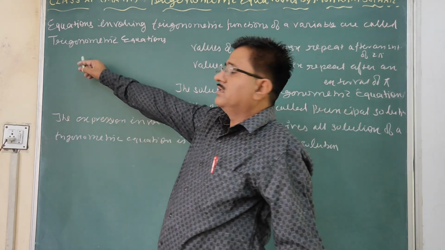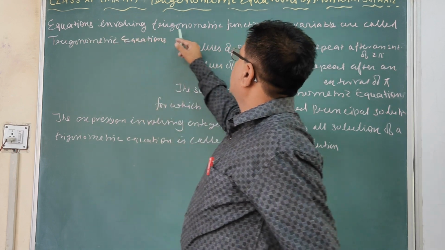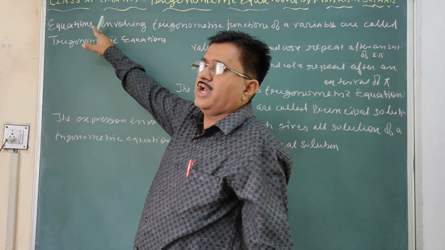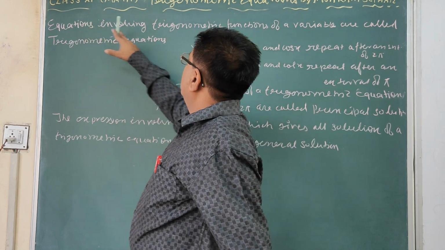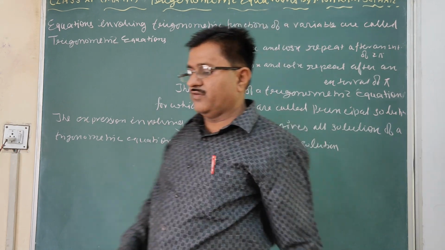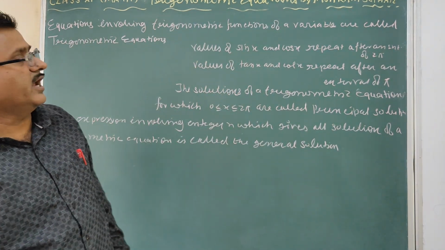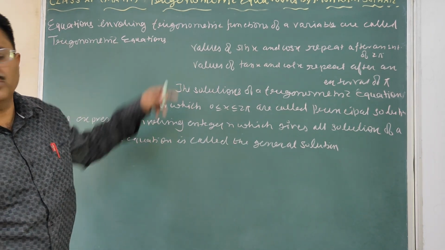You can see the definition: equations involving trigonometric functions. If in an equation you have a trigonometric function of a variable like sin x, cos x, then that type of equation is known as a trigonometric equation.